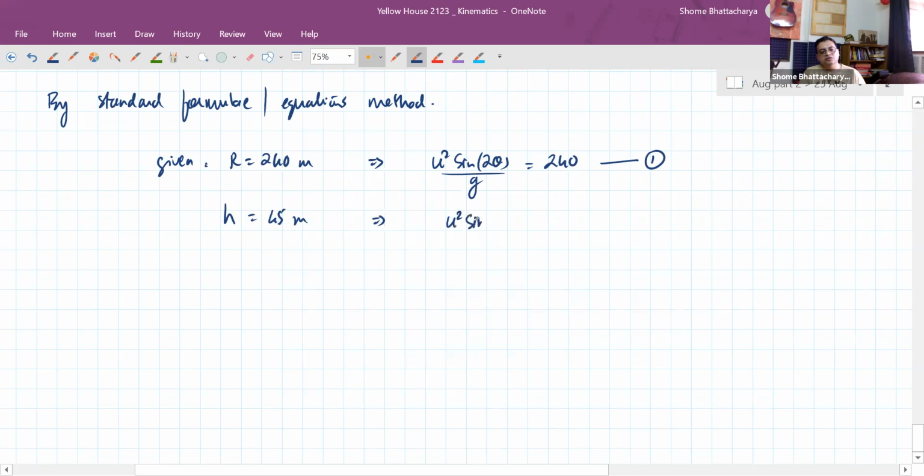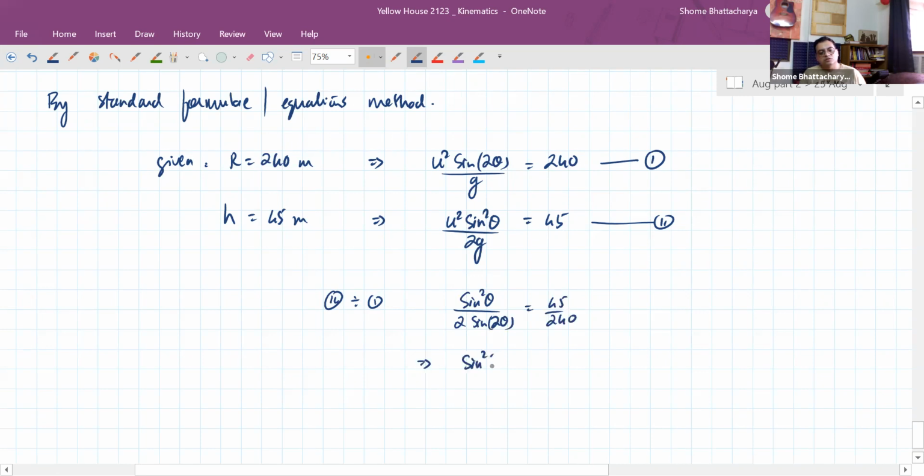So u square sine square theta by 2g is equal to 45 meters. That's your second equation. Okay. Now you can do this operation, divide equation 2 by equation 1. So you'll get sine square theta by 2 times sine 2 theta is 45 by 240.